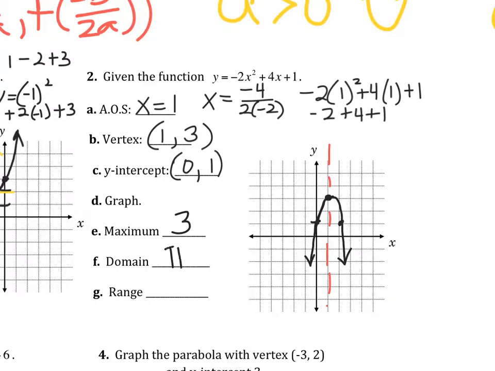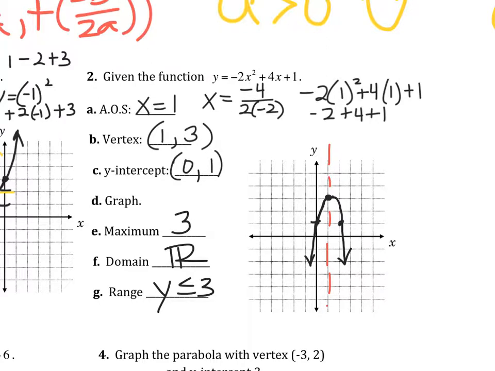Domain, I'll do that one. All real numbers. And then the range, if it's maximum of 3, then y is less than or equal to 3. Is the maximum always the y? It is. It's always the y value. Some books will say it's the point, but it's always the y value.